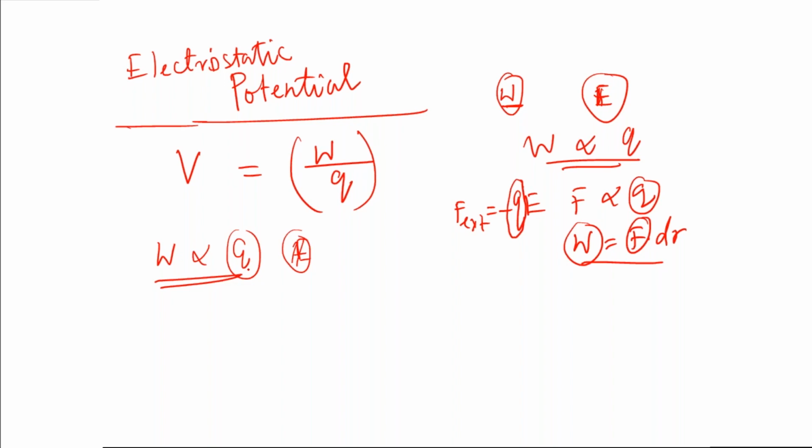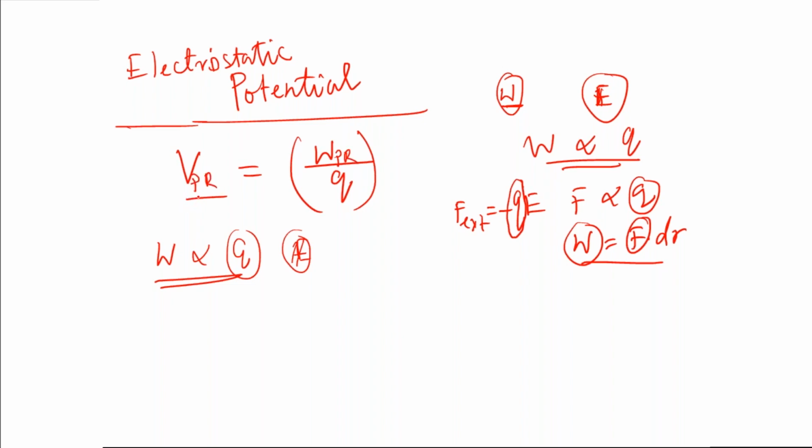If I divide the work done by Q, then this quantity, which I have denoted as V, is nothing but the potential at each point, or the potential difference, also. If I write it between P and R, this will also be the potential difference.